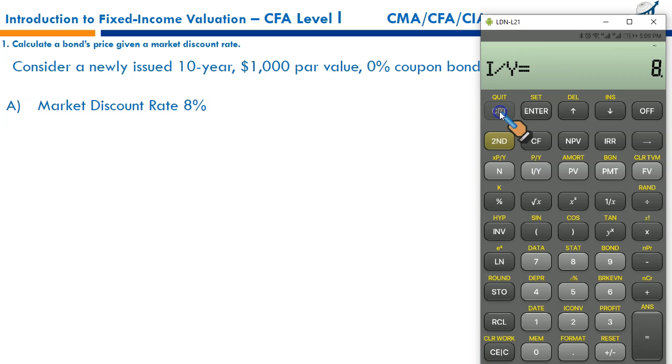Simply press CPT and PV. Now this will give you the price of the bond. So a 10-year $1,000 par value zero coupon bond, when the discount rate is 8%, the price of this bond as of now will be $463.19.